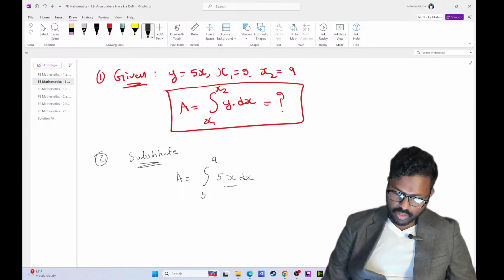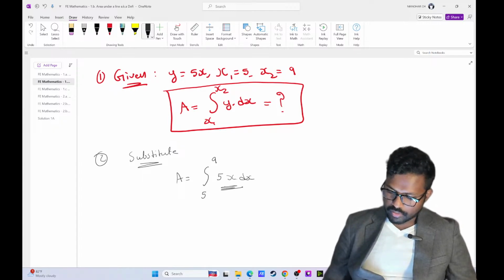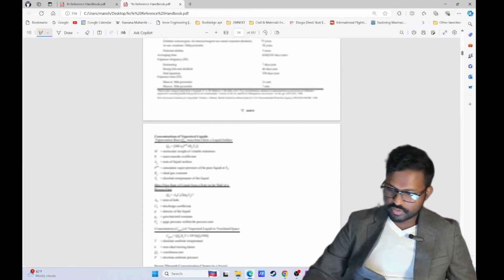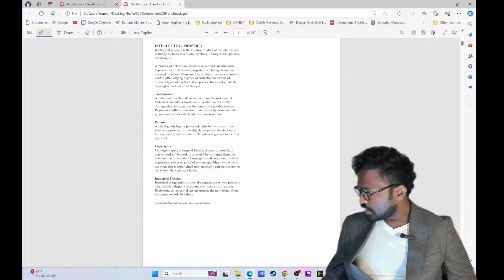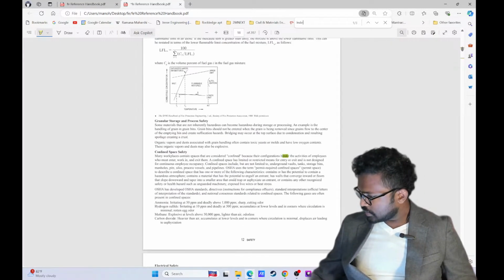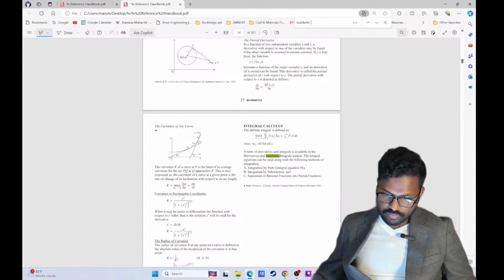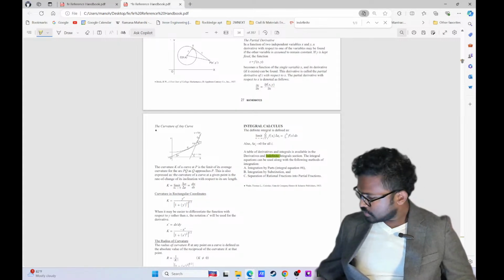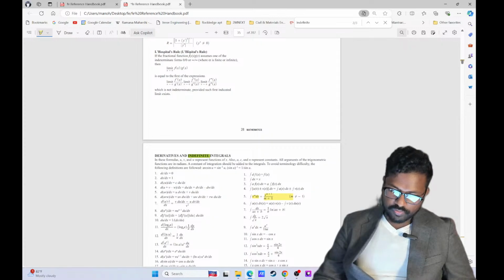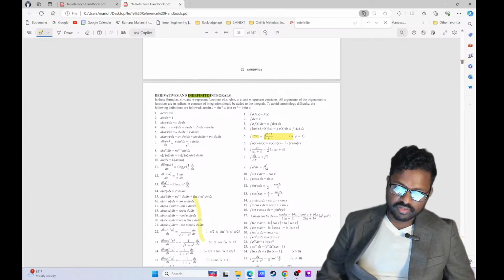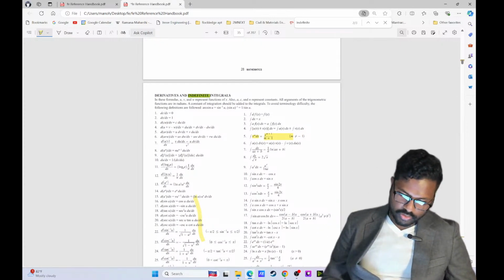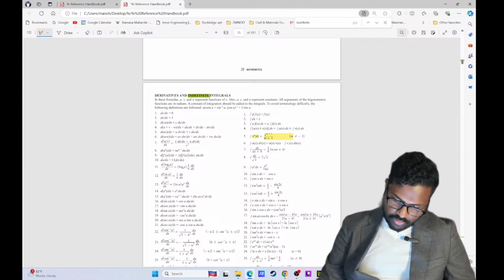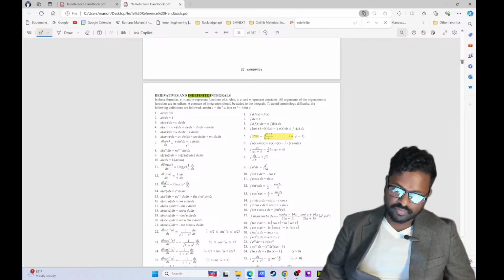And how do you solve this integration? You can simply go to the reference manual and press Control F, put indefinite integrals, and that will get you to the formulas in the indefinite integrals section. All you have to do at this point is use the integral of x power m dx, which is equal to x power m plus 1 by m plus 1.